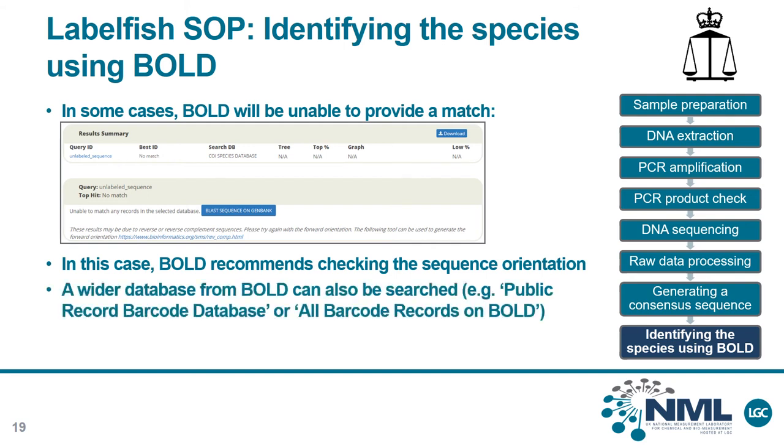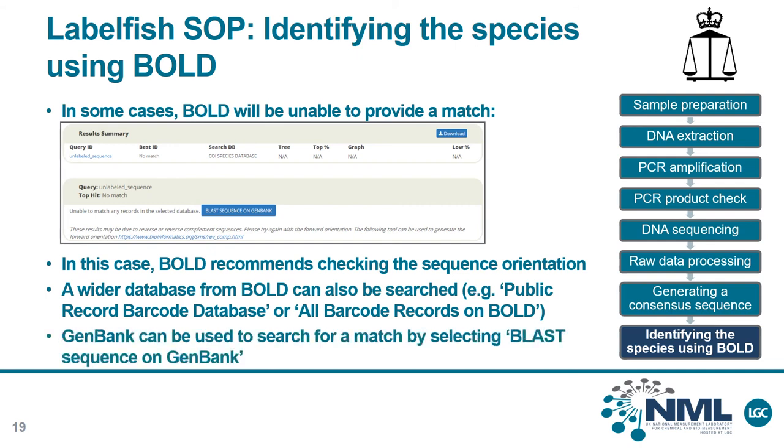BOLD can also be used to search a wider database, for example the Public Record Barcode Database or All Barcode Records on BOLD. A different database could also be considered. GenBank from the National Centre for Biotechnology Information contains a vast array of public barcode records and can be searched by selecting the Blast Sequence on GenBank button from BOLD.